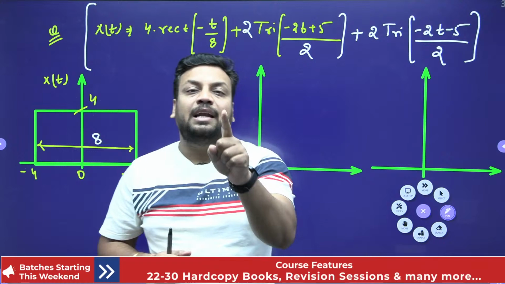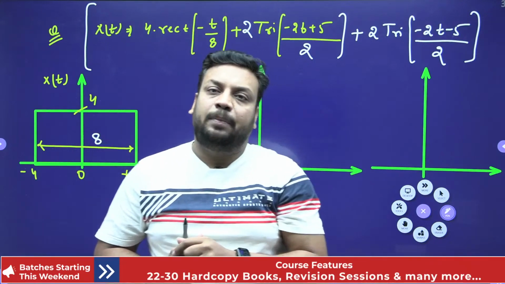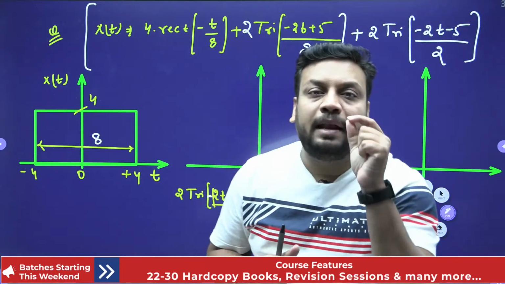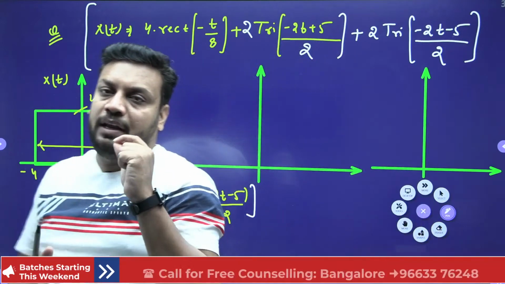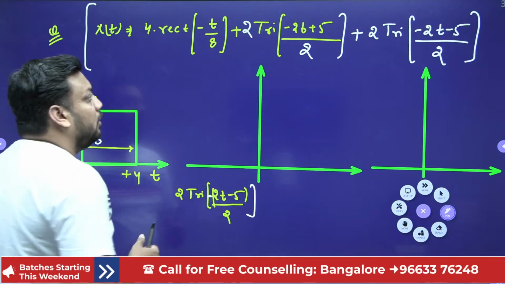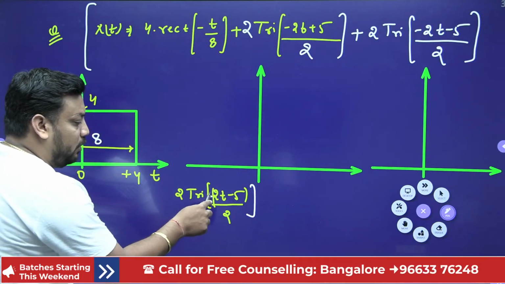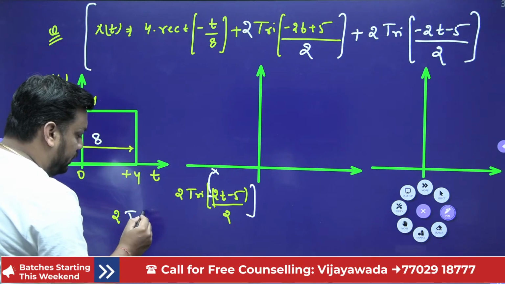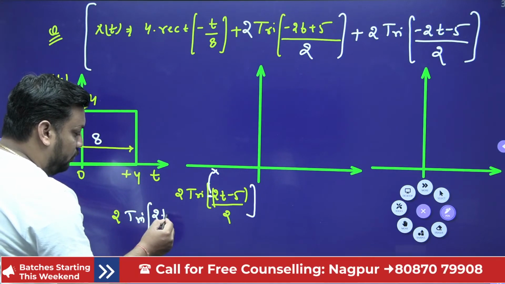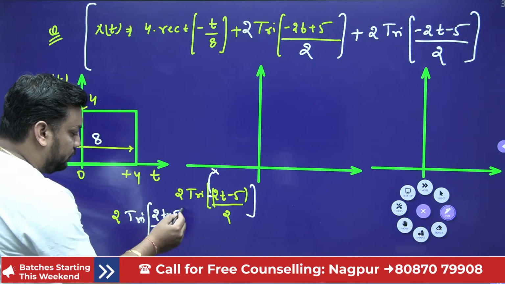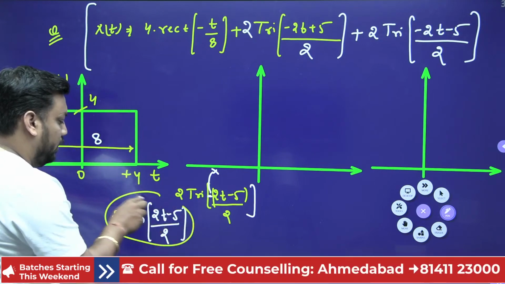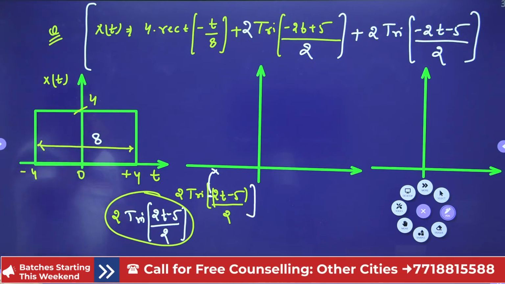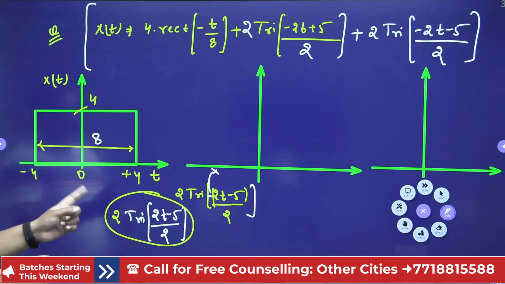So we can directly discard the time reversal operation, but first of all we should take the reversal factor outside. Now that it is outside, I can remove it. So the ultimate expression will be 2 into triangular of 2t minus 5 upon 2.